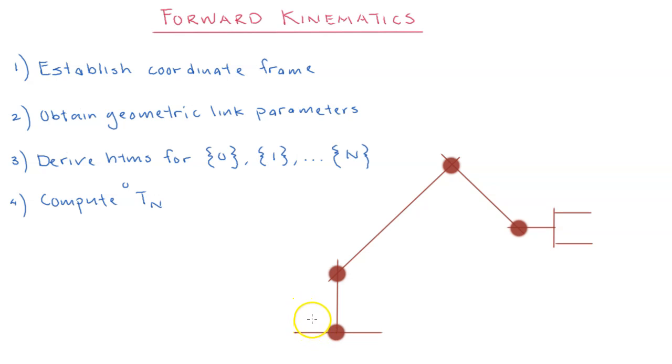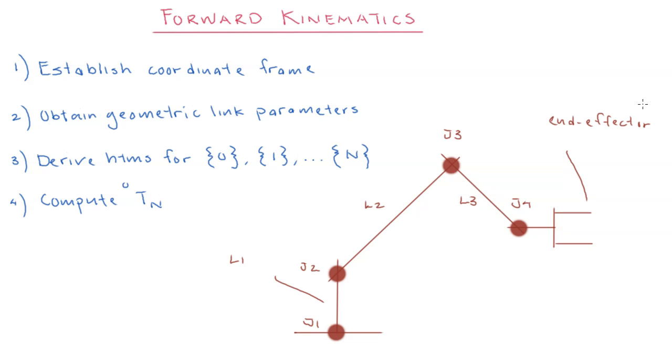is joint number 1, this is joint number 2, joint number 3, and joint number 4, and this will be link number 1, this is link 2, link 3, and we have an end effector here. In the first step, we'll be establishing a coordinate frame for every link.